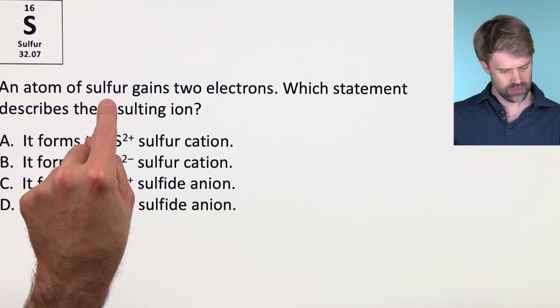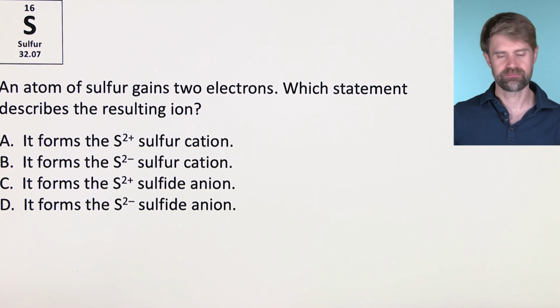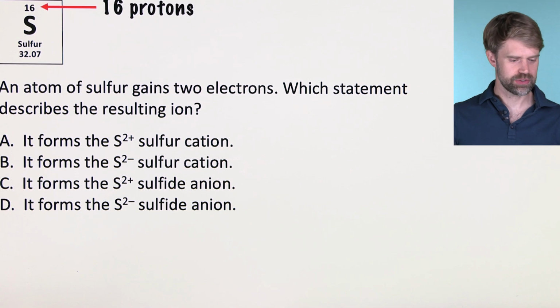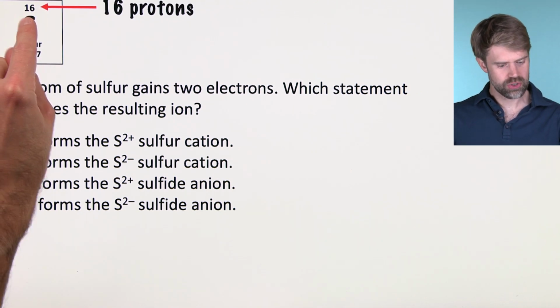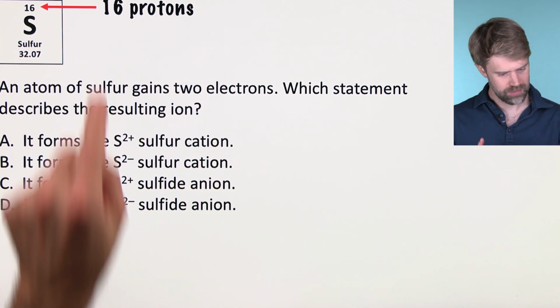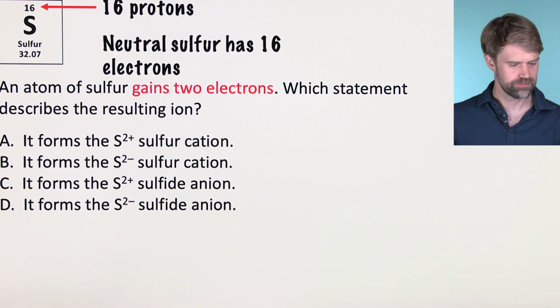An atom of sulfur gains 2 electrons. Which statement describes the resulting ion? Let's start by doing a little atomic accounting, then we'll pick the right answer. As usual, we'll use the atomic number to determine how many protons sulfur has. Its atomic number is 16, so it's got 16 protons. That's not going to change.